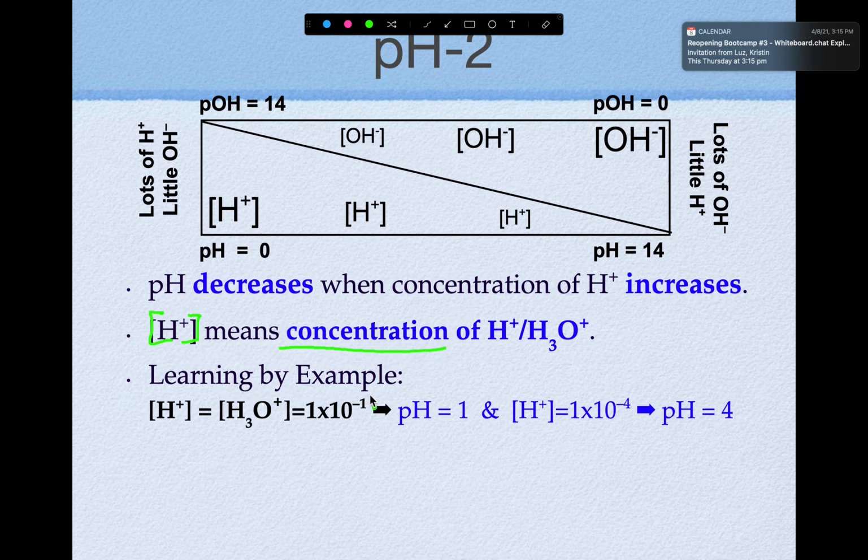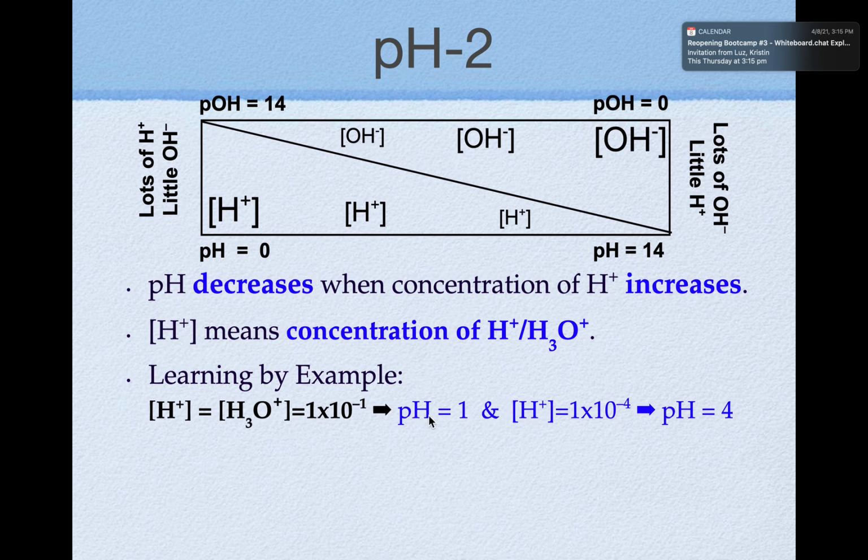And then by example, we can look at the relationship between concentration, as long as that concentration has a 1 in front of it, that the negative exponent changes its sign and becomes the whole number, that the -4 changes its sign and becomes the whole number 4. So that's the relationship between the molar concentration of H+ or H3O+ and pH.